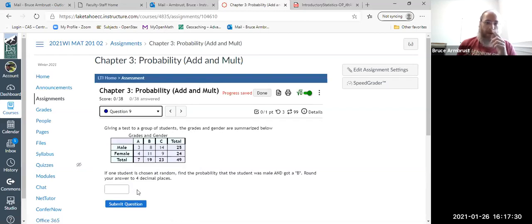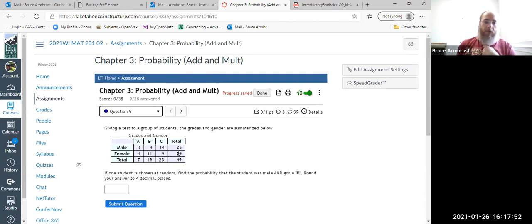All right. So giving a test to a group of students, the grades and gender are summarized below. Here we call this a contingency table, right? We see that there were 25 males who took this test, and the breakdown was 3 A's, 8 B's, and 14 C's.